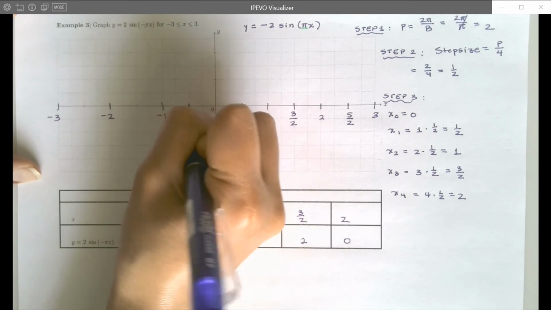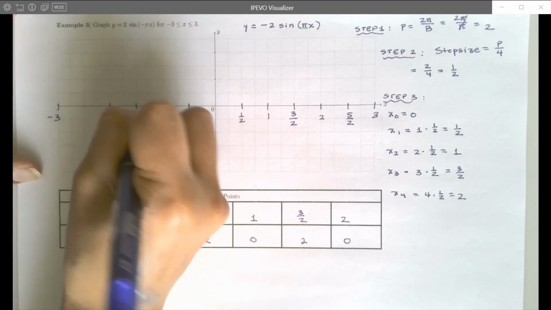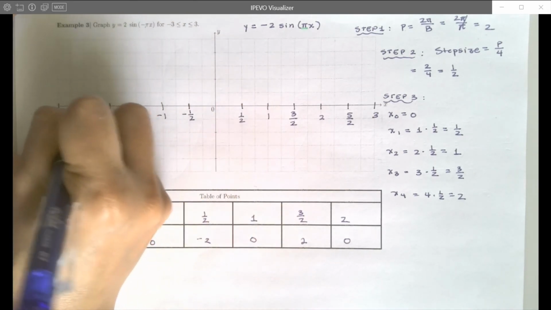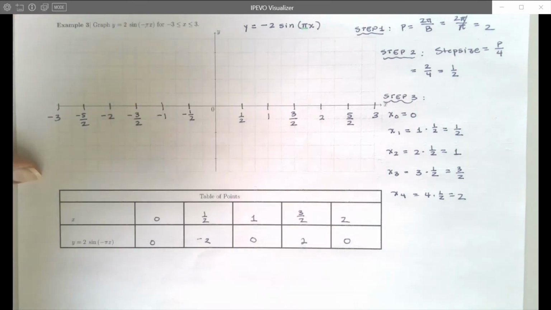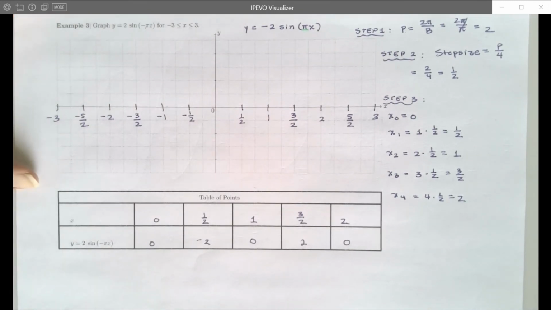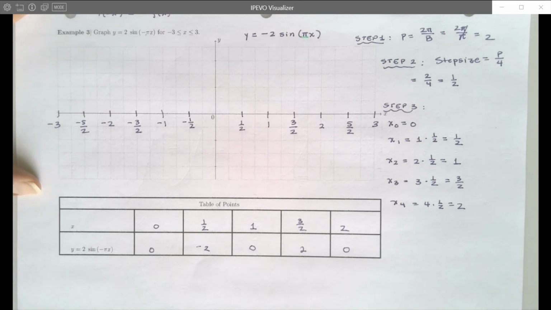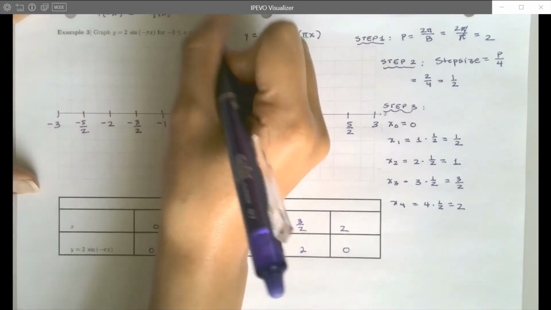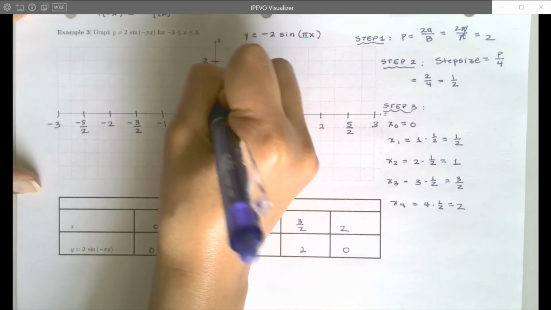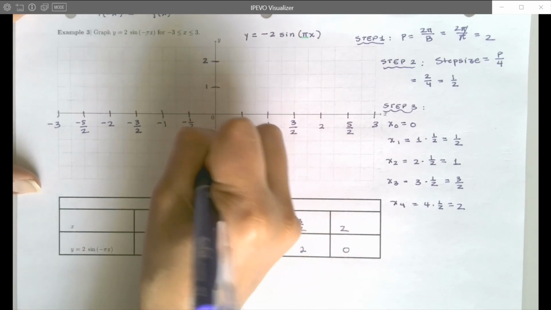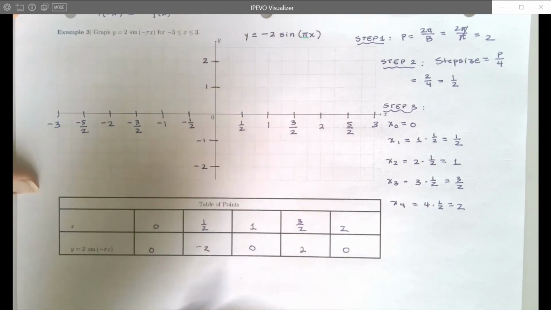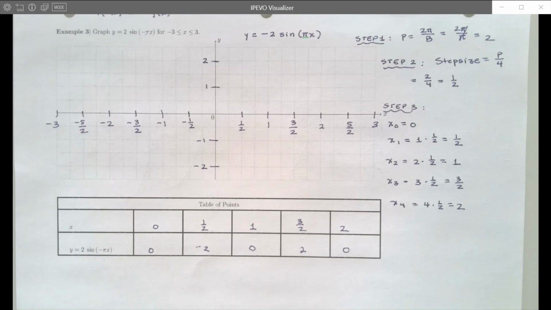This will be -1/2, -3/2, -5/2. And let's see, lowest point is -2, highest point is 2, so we can make this 1, 2, and then -1, -2. And now we have all the tick marks that are needed.